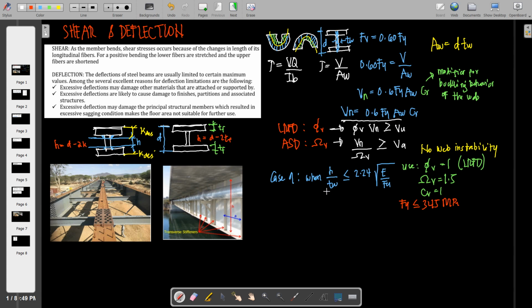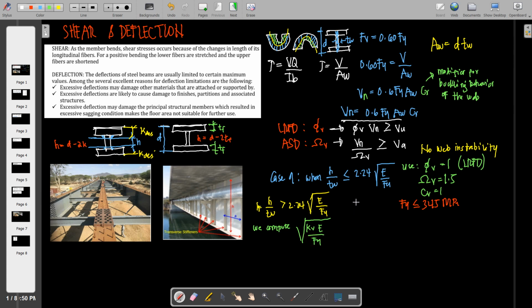Now, if our ratio of H all over TW would not satisfy this one, or if it is greater, so if the ratio would be greater than this expression, 2.24 square root of E all over Fy, then we have to compute for this expression, square root of KV times E all over Fy.